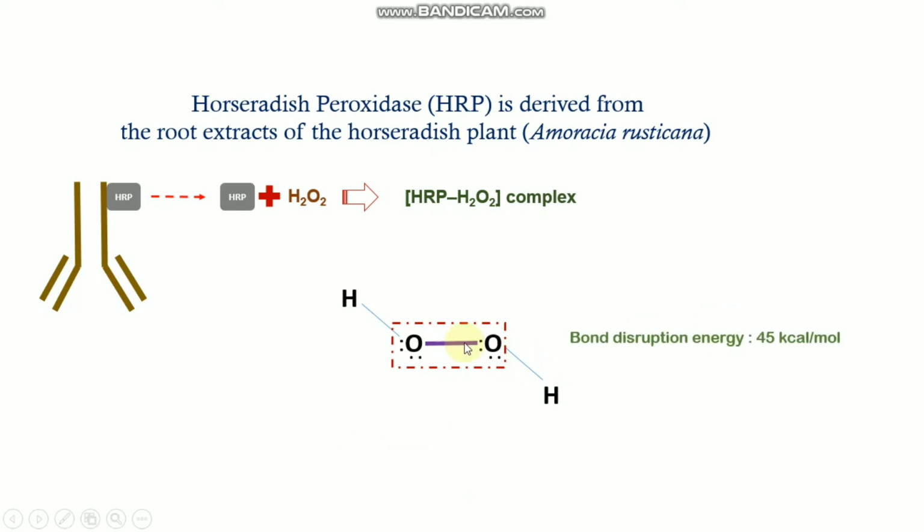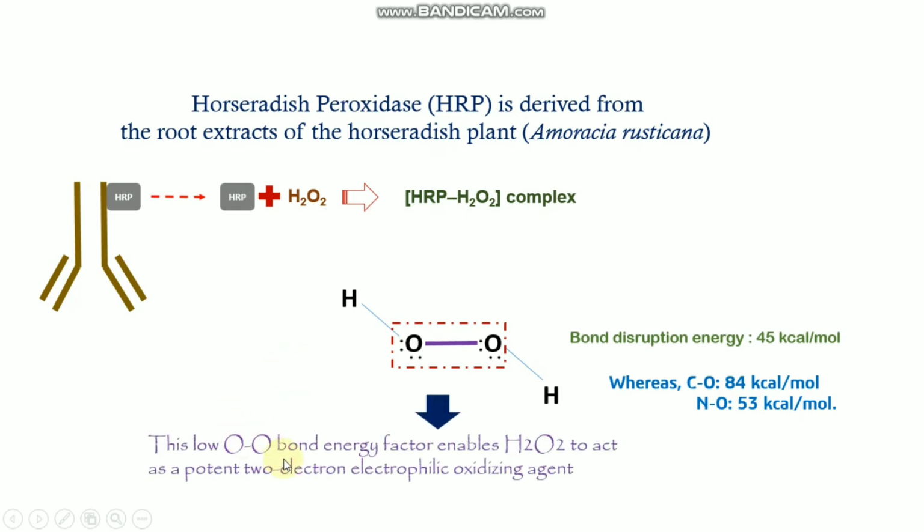Disruption of this O-O bond requires around 45 kilocalories per mole, whereas for C-O and N-O it needs around 84 and 53 kilocalories per mole respectively. If you compare, you can understand that this is much weaker.